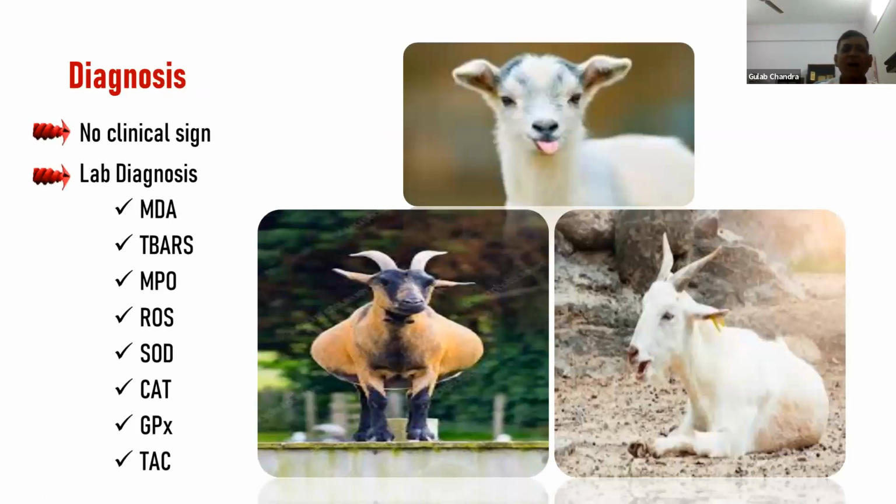Now, how to diagnose oxidative stress. There is no clinical sign of oxidative stress observed in the animals, but in conditions like the periparturient period, and in young animals, oxidative stress is felt very much during this period, and we observe it by lab diagnosis: malondialdehyde, thiobarbituric acid reactive substances, and myeloperoxidase.